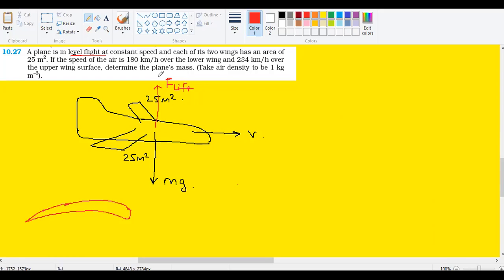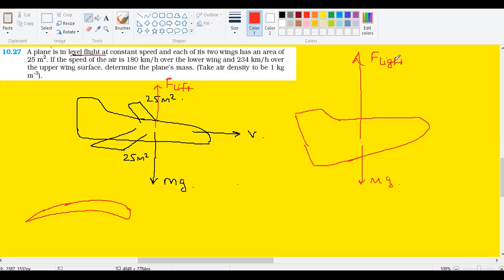When taking off, the lift force has to be higher than mg. Only then you will be able to go up, because sigma F is equal to ma. Only then the resultant will give acceleration upwards.